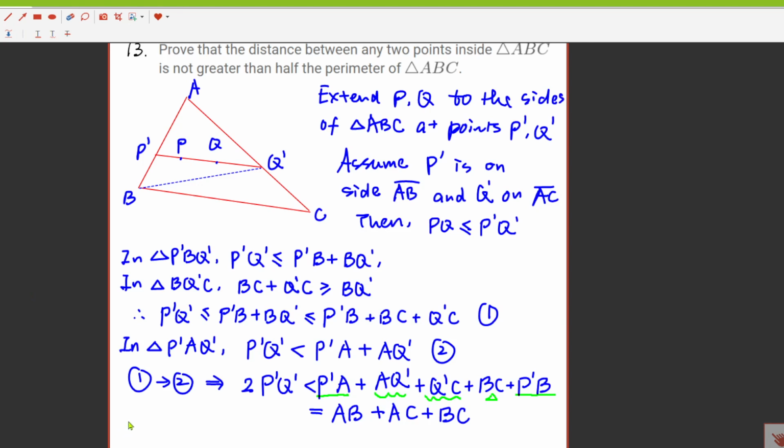Therefore, we have proved, well, actually, PQ, first of all, is less than or equal to P prime Q prime. Also, P prime Q prime is less than 1/2 of the perimeter of ABC, right? Which is the desired conclusion.